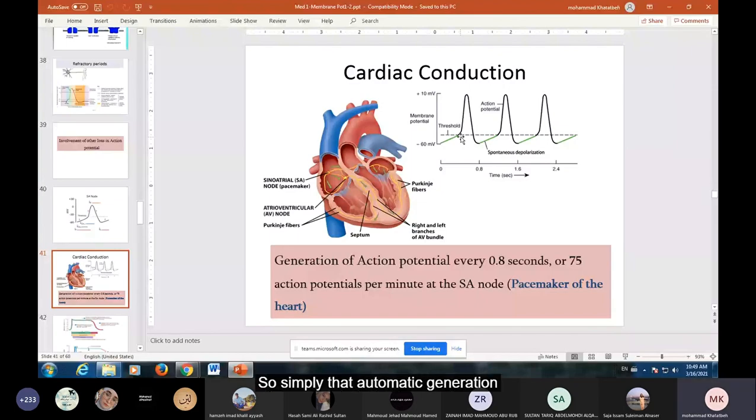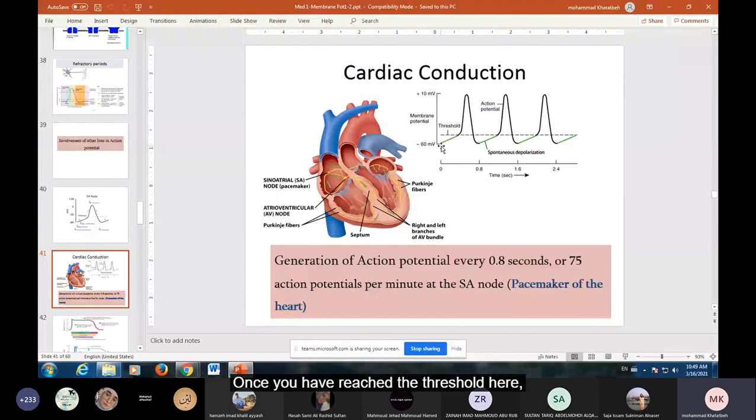Simply, that automatic generation happens because the membrane of these cells has another property: they have leakage for sodium. What do you mean by leakage for sodium? They have all the time a little bit higher permeability for sodium. By having higher permeability or higher conductance for sodium, what you get is depolarization.